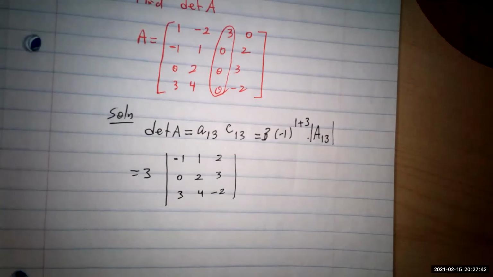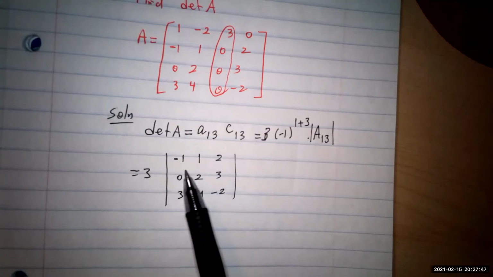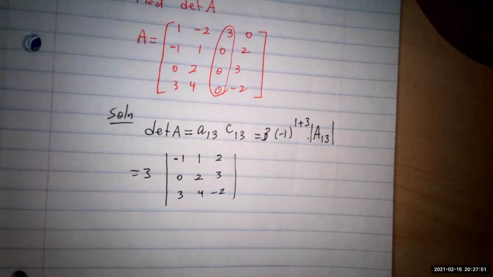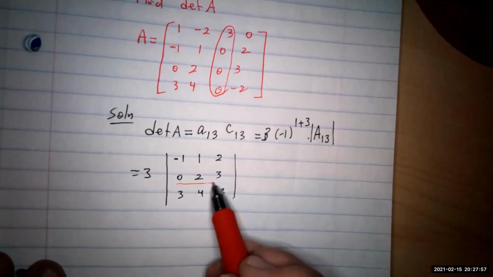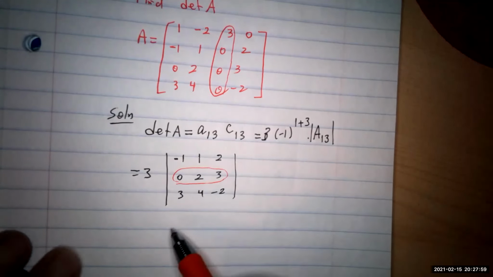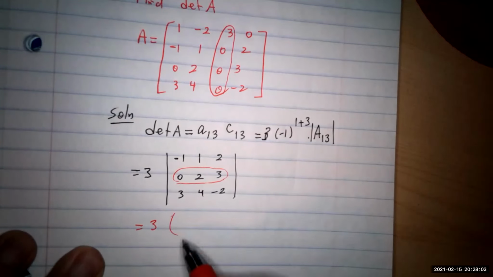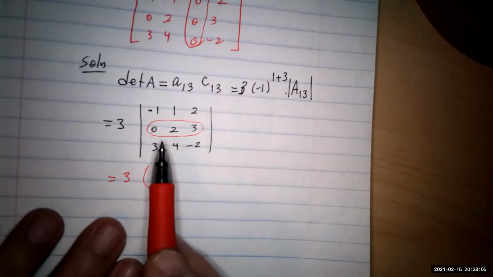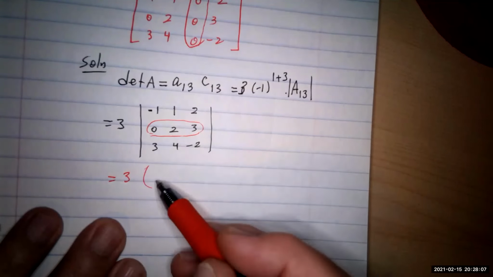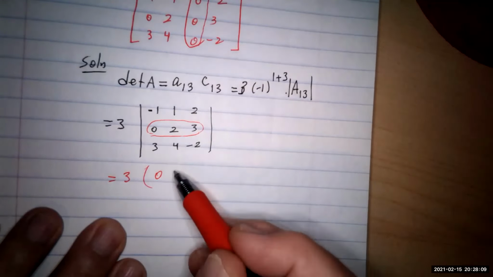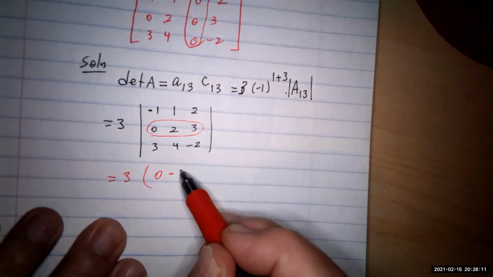Next, you can do it as usual, or just pick this row to distribute it and get your final answer. If you like, you can go with this one, which is easy. So you have the 3 and you are going to distribute it. This would be 0, nothing. So we get negative 2.